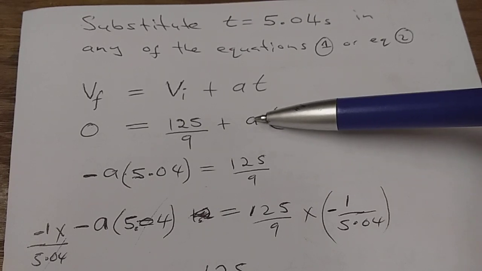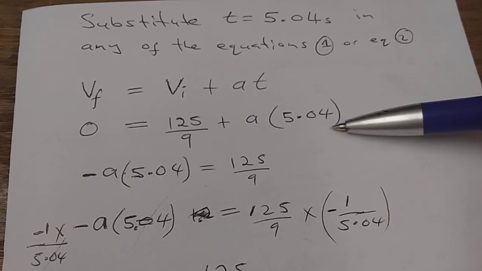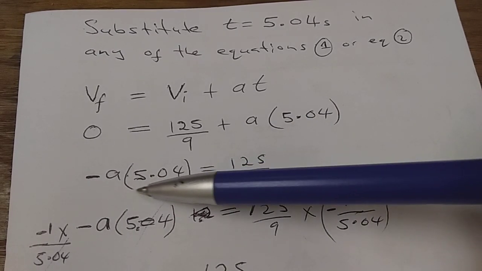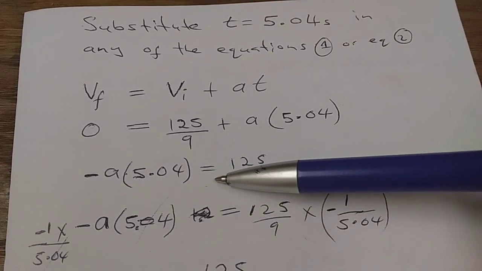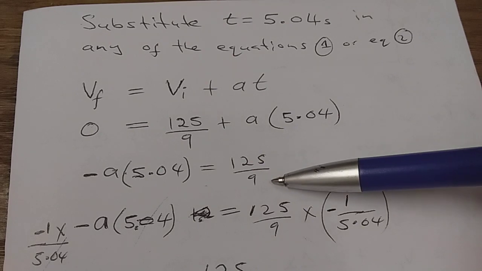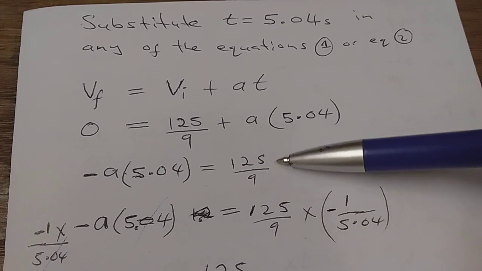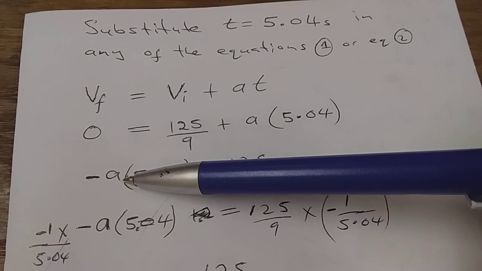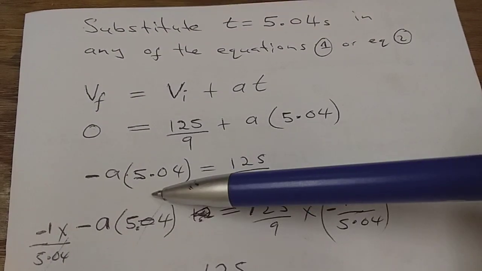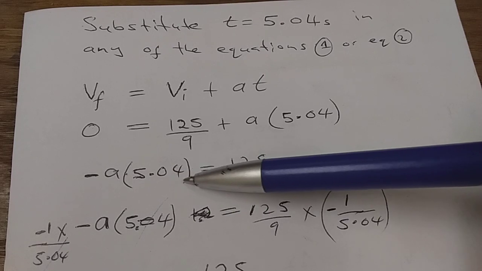So if you multiply A times 5.04, you push it to the left hand side, you get negative A times 5.04, which is equal to 125 over 9. What do you do for you to be left with only A on the left hand side? I must multiply by the reciprocal of 5.04.